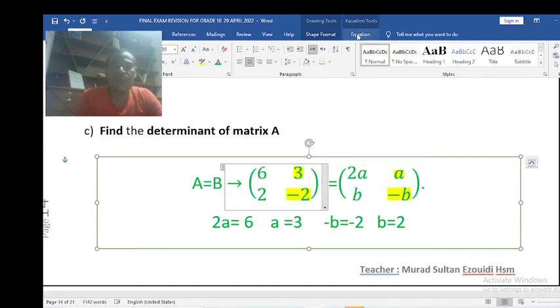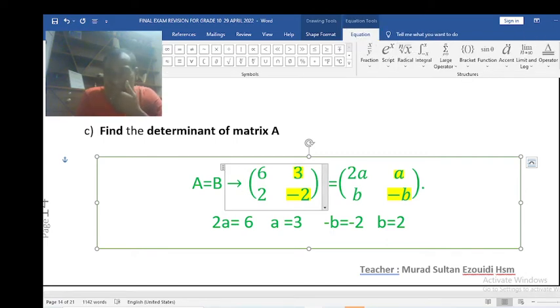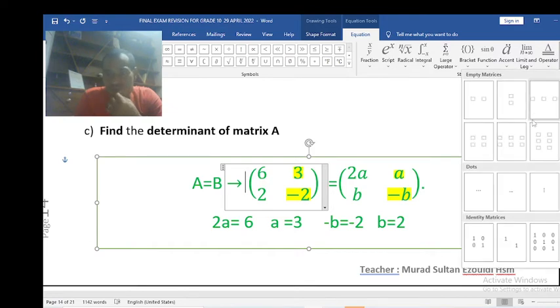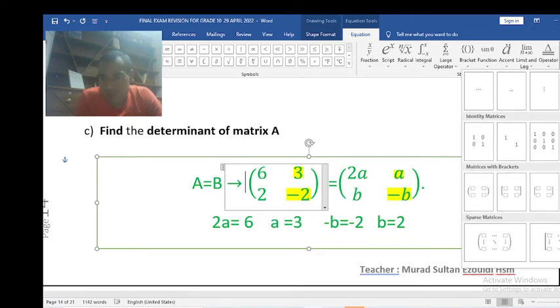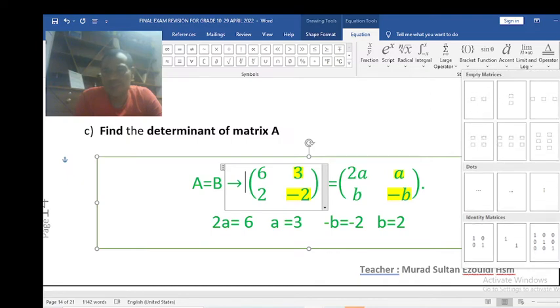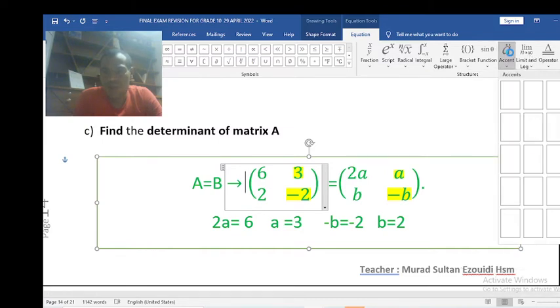I'm looking for another symbol, brackets, operator, limit.